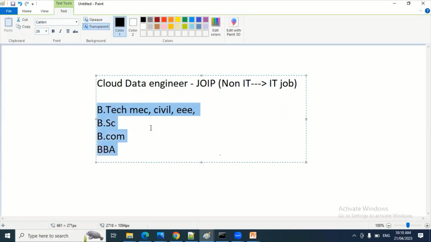After 2 months of our training, these people got wonderful jobs in big companies with high packages. I will tell you those packages later. So this is not only for people who are already in the IT industry. If you are interested in coming to the IT industry, this is the best chance.